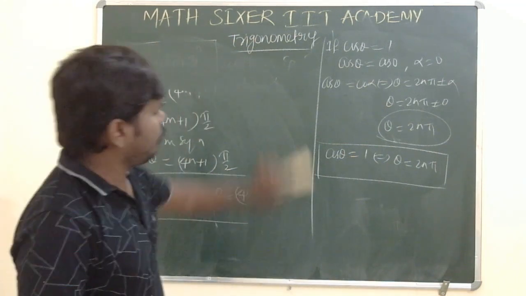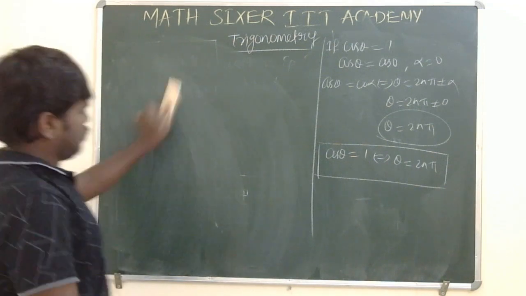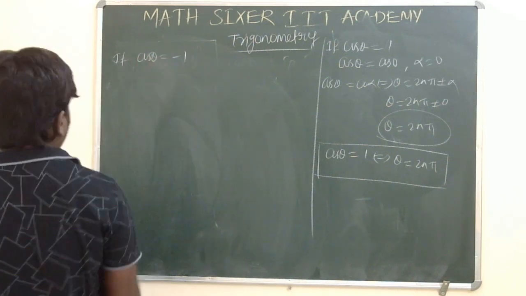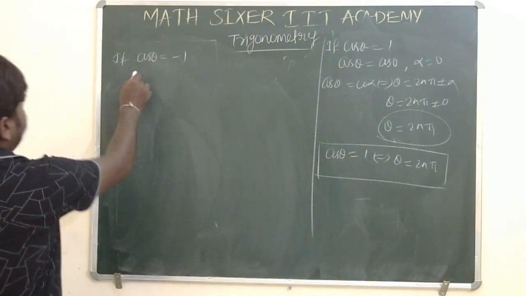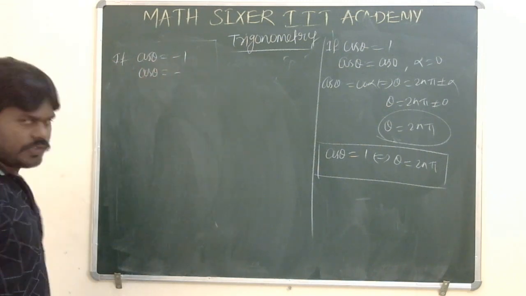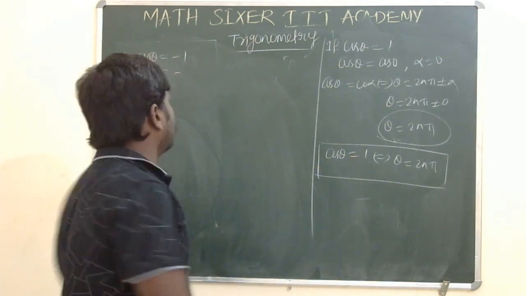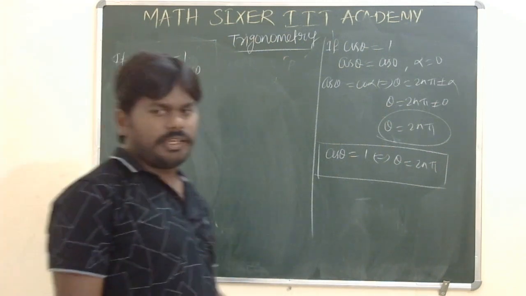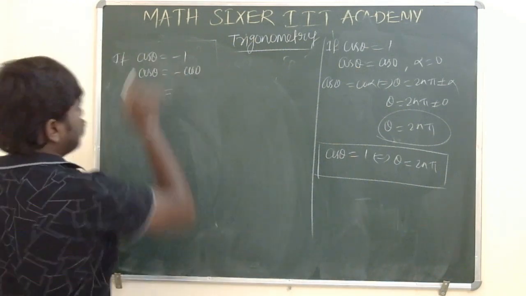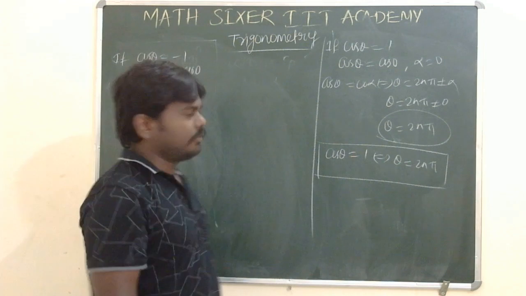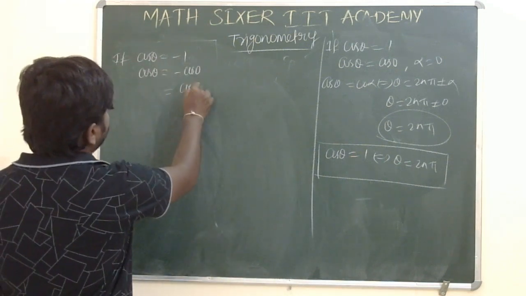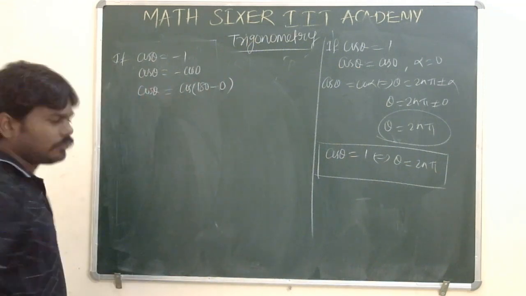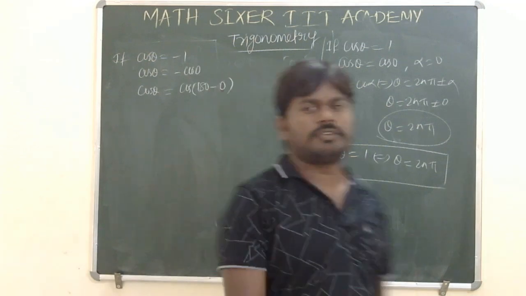This is of course one of the important points. And next, if we have cos theta is equal to minus 1, first of all I am writing minus and 1. When we get 1, it means cos 0. Minus cos 0: in the second quadrant cos is negative, so without loss of generality we can write cos of 180 minus theta.